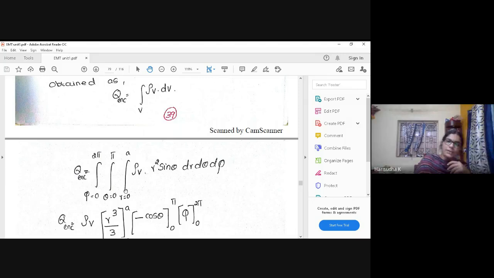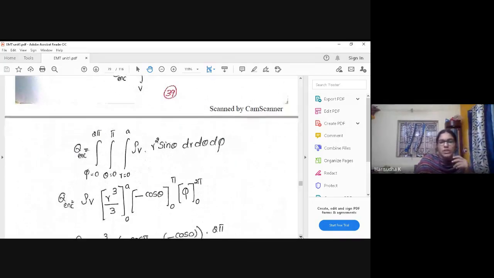Therefore, the limit is r equal to 0 to a, theta lies between 0 to pi and phi lies between 0 to 2 pi. In this equation, only rho v is a constant term. It is the volume charge density. So this rho v alone, we can take it outside. The other terms with respect to r, theta and phi, we can integrate.